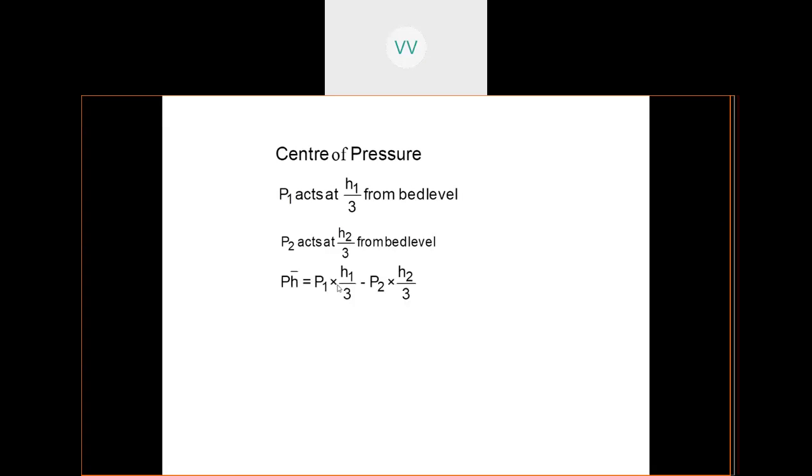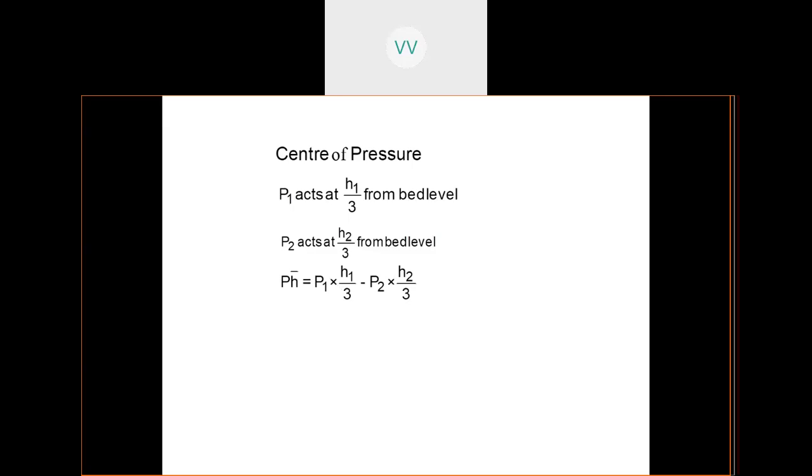So when you take the moments of the resultant pressure and the individual pressures, we get P into H bar is equal to P1 into H1 by 3 minus P2 into H2 by 3.